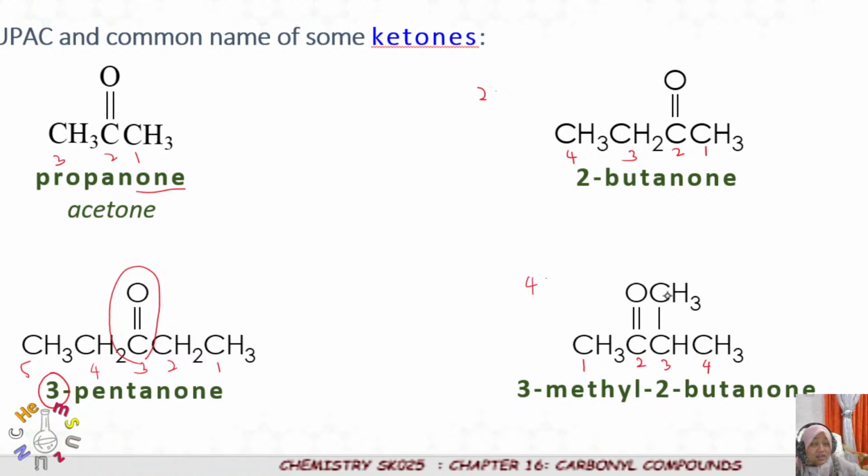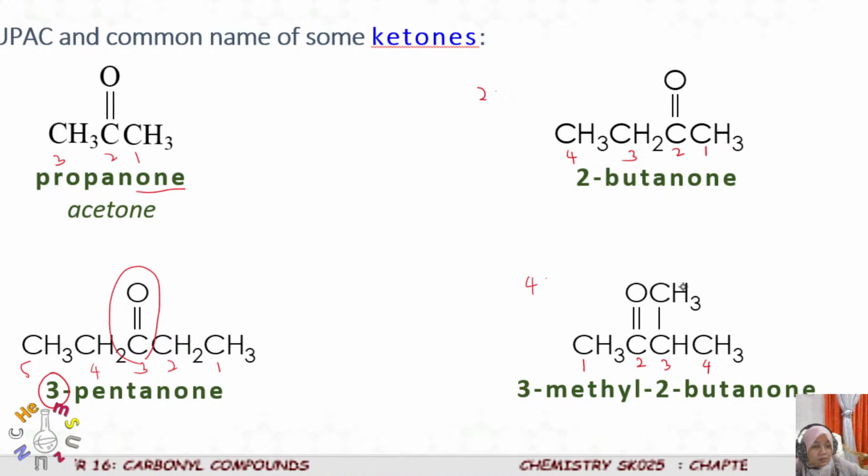We give priority to the functional group first rather than the substituent. So we name this 3-methyl-2-butanone. Why 2-butanone? Because C double bond O is attached to carbon number 2. Why 3-methyl? Because the methyl group is attached to carbon number 3.